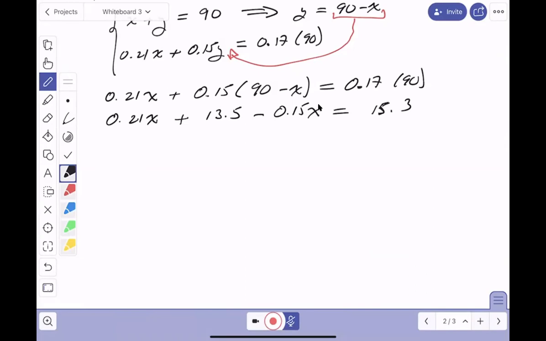Let me see if I can do that arithmetic. And 0.21 minus 0.15 is going to be 0.06, right? Plus 13.5 equals 15.3. I can subtract 13.5 from both sides. It's nasty. I realize that.